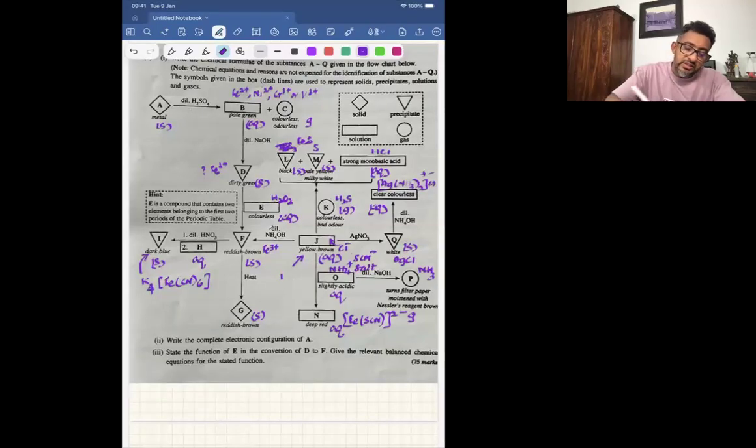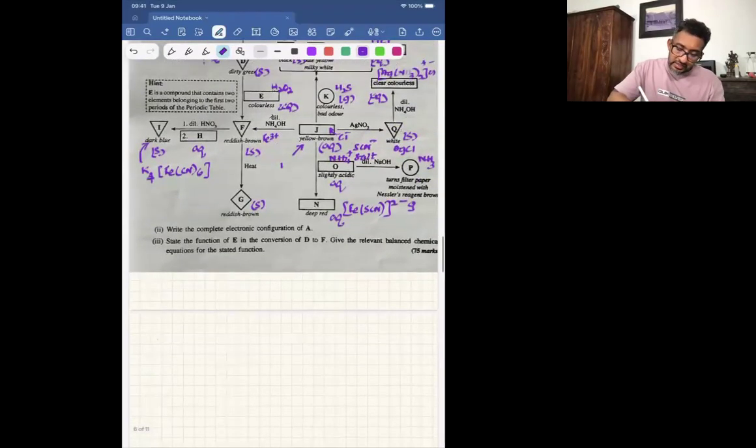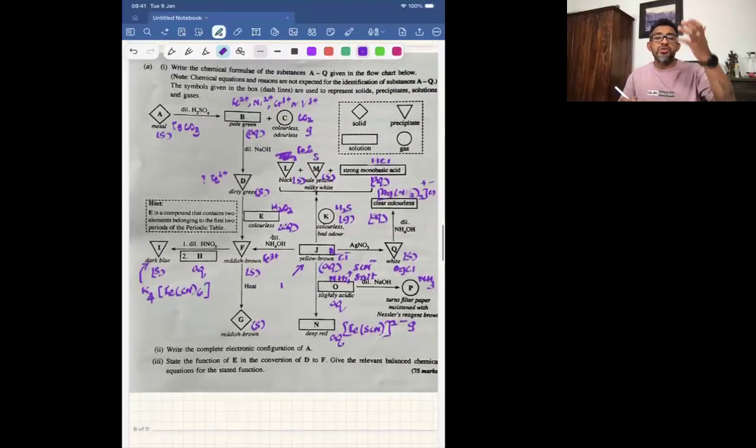So this might be ferrous carbonate. So this C might be CO2. Pale green. A gives you carbon dioxide, a colorless, odorless gas.